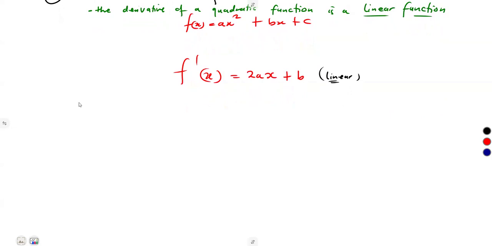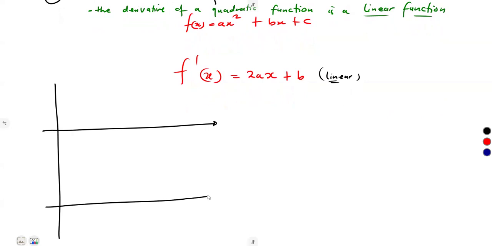So let's consider, all right, I'm just gonna have this as my y-axis. I'm just gonna have two graphs here, from the same axis. So let us say we have got a quadratic function. That's our original function, and it has a turning point like this, where it is concave up.